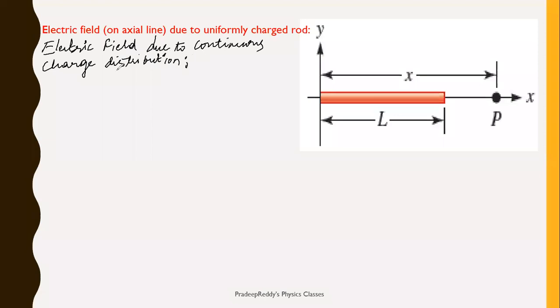Under this heading, whatever we are going to derive here onwards comes under this particular heading, electric field due to continuous charge distribution.